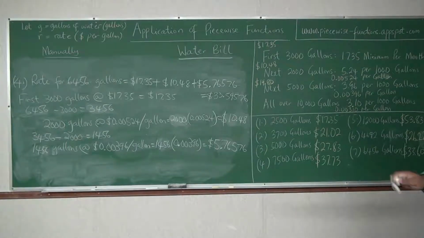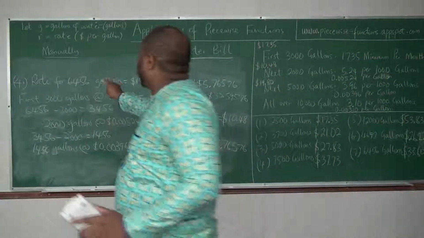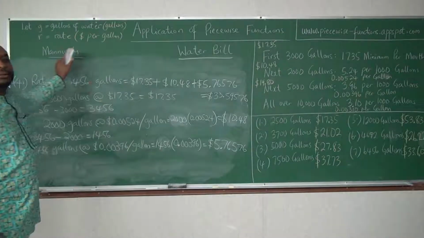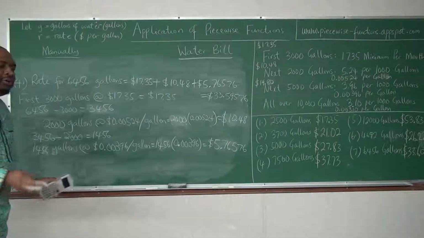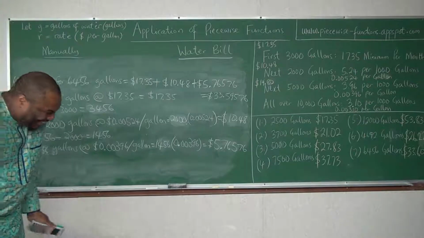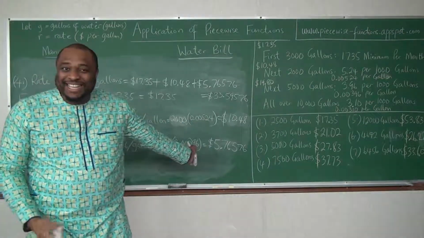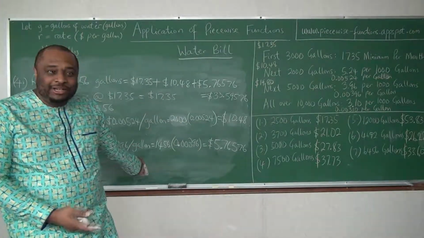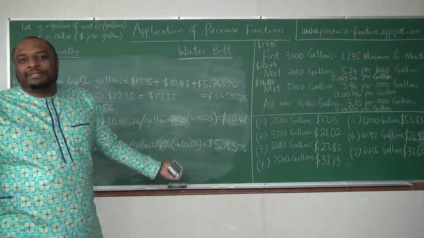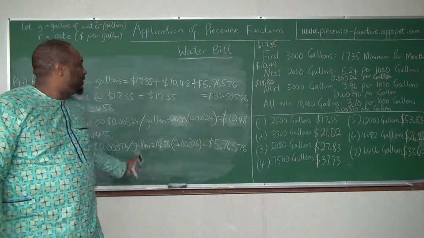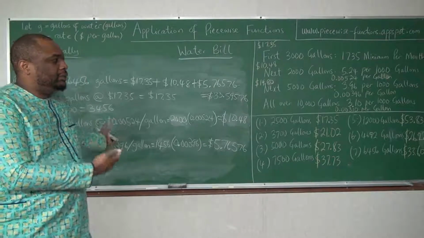Okay, this is manually. That's what we did. You see how long it took us manually, and how tedious? Well, it's not tedious per se, it's simple calculations, but you see how long it took us.